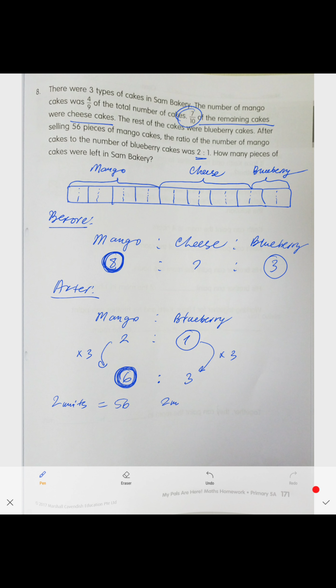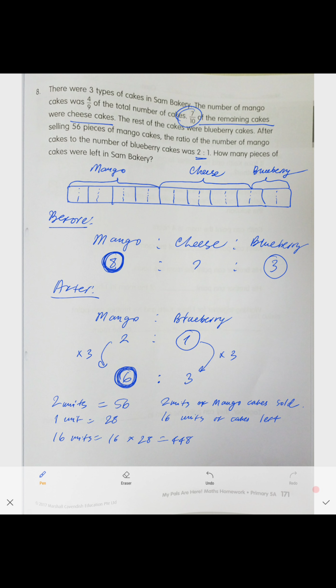So we had before 18 units, 16 units of cakes left, right? So 1 unit, if 2 units is 56, 1 unit is 28, and our 16 units that are left is 16 times 28, right? And it is 448.